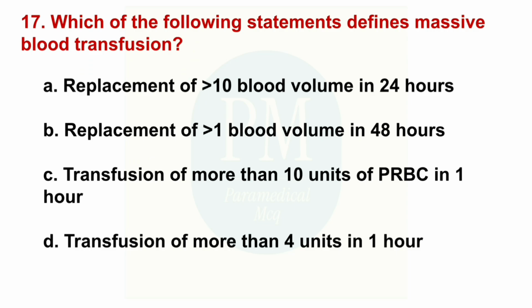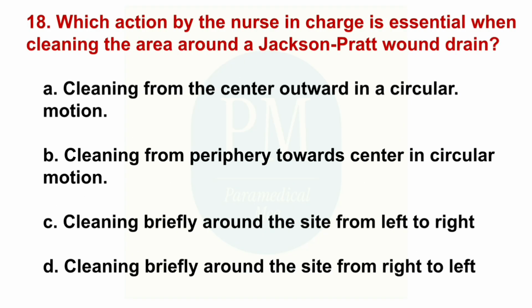The correct option is option D. Which action by the nurse in charge is essential when cleaning the area around a Jackson-Pratt drain? Option A, cleaning from the center outward in a circular motion. Option B, cleaning from periphery towards center in circular motion. Option C, cleaning briefly around the site from left to right. Option D, cleaning briefly around the site from right to left. The correct option is option A.